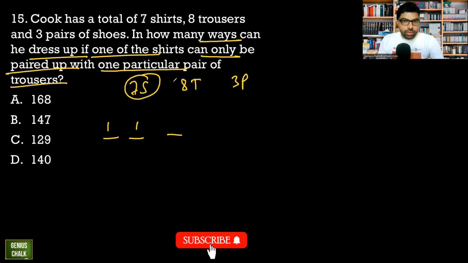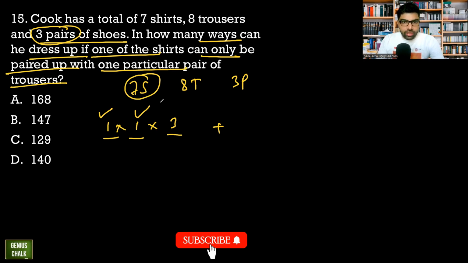Okay. But there are 3 pairs of shoes, so he can have any pair of shoes. That means one shirt can pair up with one trouser, and the remaining 3 shoes he can pair up with any shirt with any trouser. Next, he'll be having one other shirt.